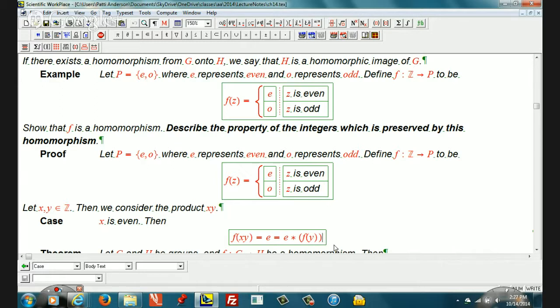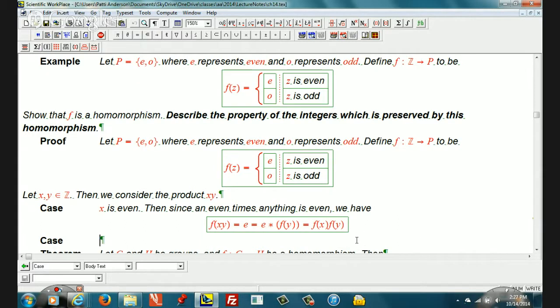Yeah, you think of functions. Yep. So that's f of x times f of y, because an even times anything is even. Now f of xy equals f of x times f of y.